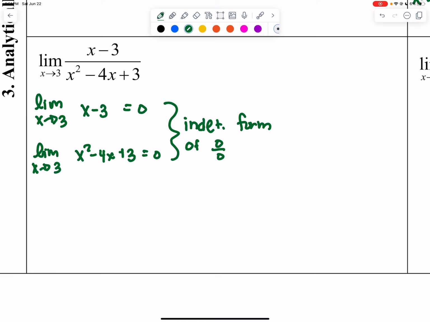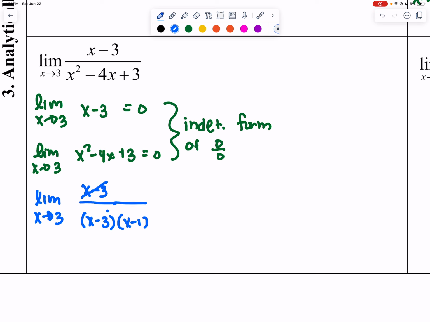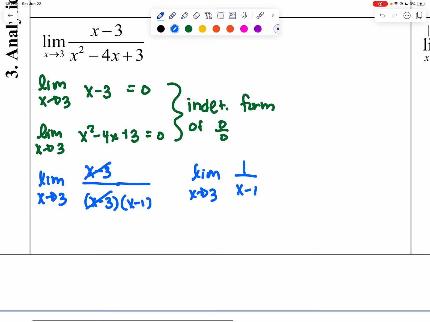So now we just have to think, what can I do to simplify this? Well, I could factor the bottom to get x minus 3 and x minus 1. Cancel that out. So now I'm left with the limit as x approaches 3 of 1 over x minus 1. And then if I were to use direct substitution, I'm going to get 1 over 3 minus 1, or 1/2.